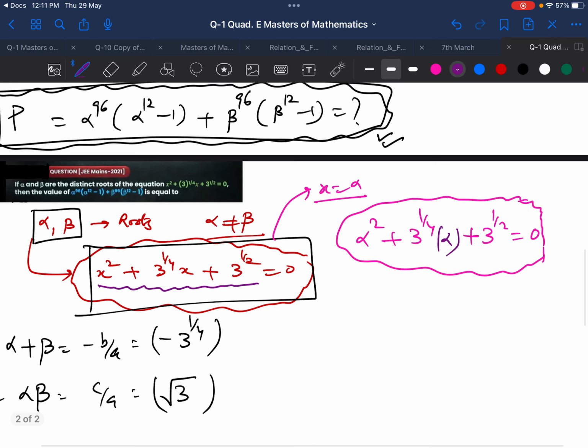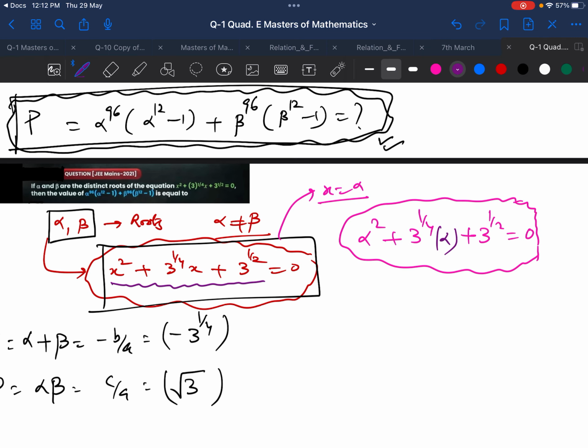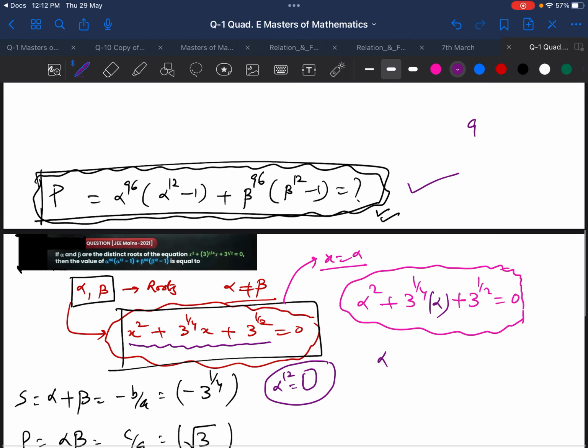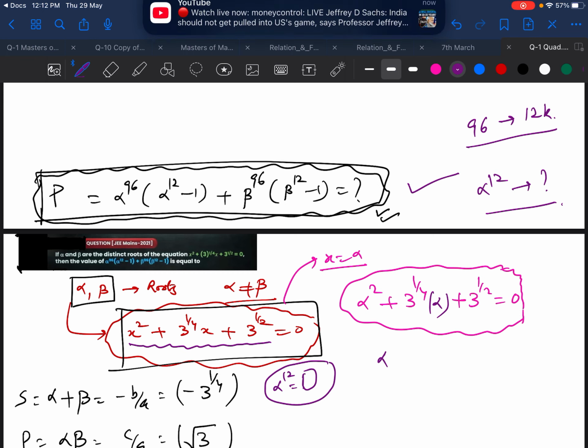Now I will see that I can find the value of alpha raised to power 12. I have to reach alpha raised to power 12 to find this expression, because it seems that 96 is a multiple of 12 and alpha 12 is required to calculate.